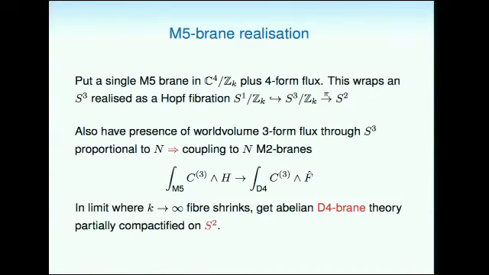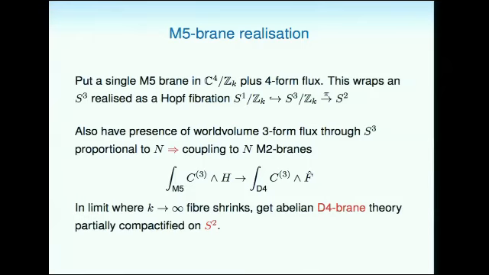So when you take K large, you reduce from this M5 brane wrapping an S3 mod Z_K just to a D4 brane wrapping an S2. One more ingredient that one has in this case is the presence of a 3-form flux through the S3, and this is proportional to n. There are 2 very natural reasons to introduce this. Reason number 1 is that you want this to give you a coupling to the n M2 branes that we had at the beginning.